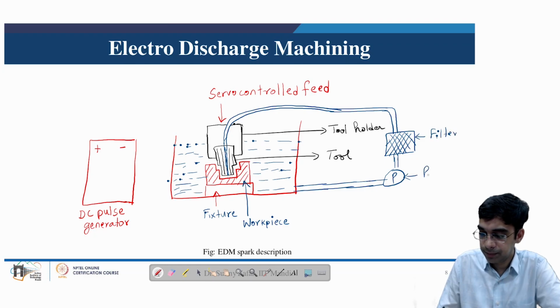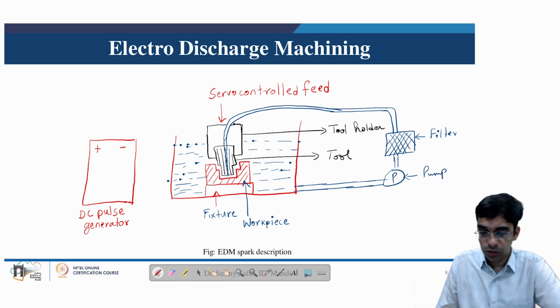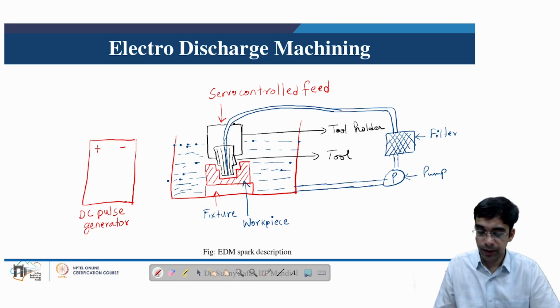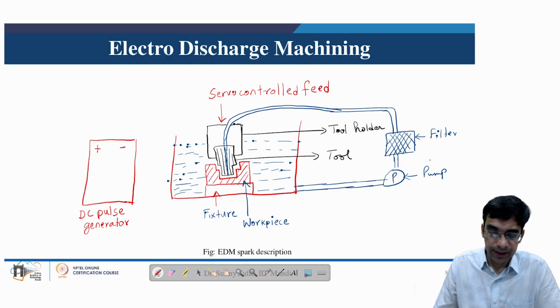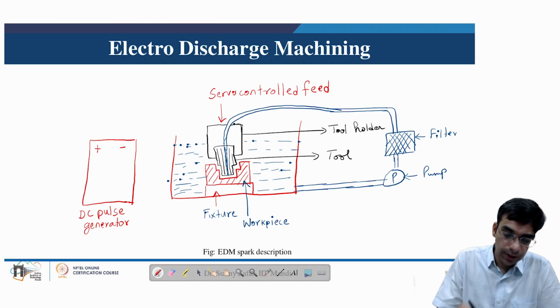This is the pump. So the role of the filter and pump is basically to help the dielectric to keep on recirculating, and the role is basically to filter out the debris which is generated, because as several sparks are produced here in between the tool workpiece gap.